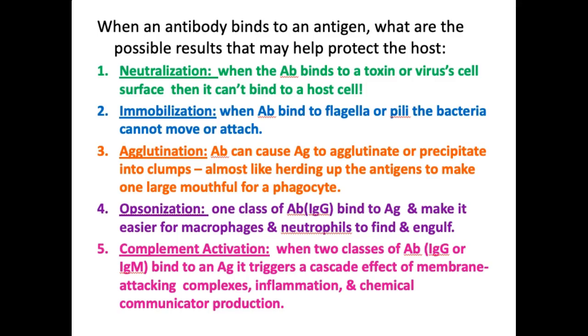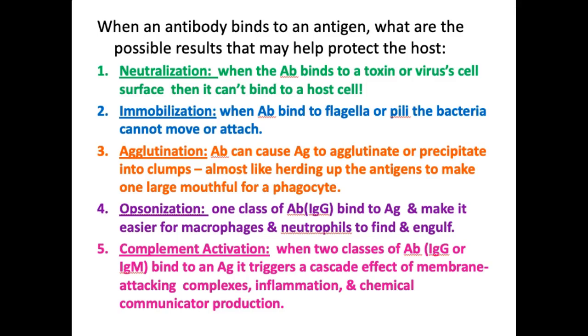Agglutination might occur. The antibody could cause the antigen to agglutinate or precipitate into clumps, almost like herding up the antigens to make one large mouthful for a phagocyte. Opsonization is when one class of antibodies binds to an antigen and makes it easier for the macrophages and neutrophils to find and engulf.